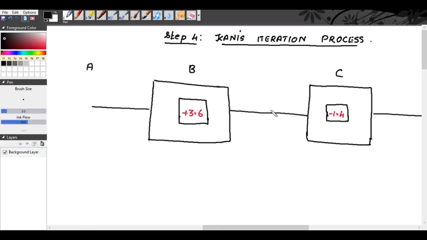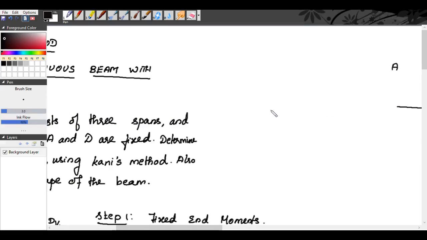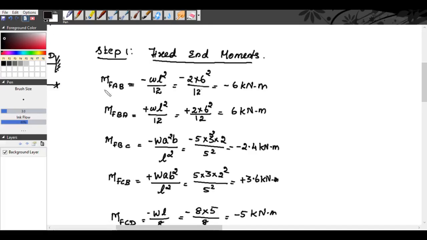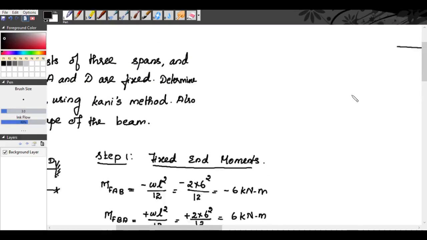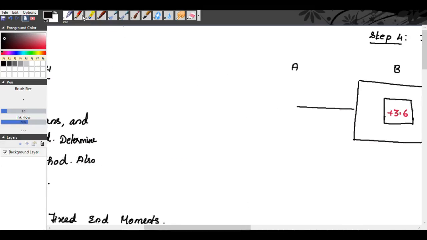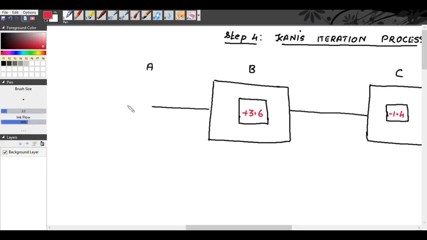In our first step, we have determined our fixed end moments. M of AB, M of BA. For the span AB, fixed end moments are minus 6 kilonewton meter and plus 6 kilonewton meter.